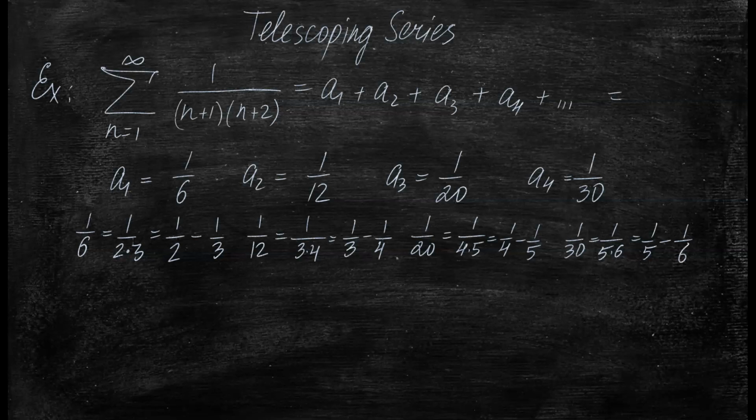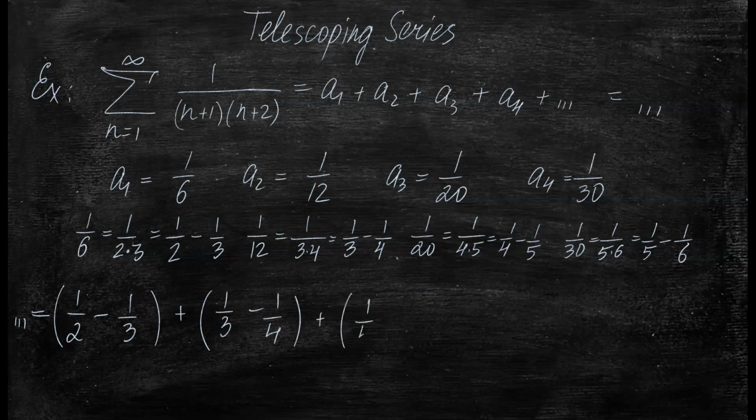Well, let's write it all out carefully. So we're going to continue writing out this sum. Instead of a1, we're going to write 1/2 minus 1/3. Instead of 1/12, we're going to write 1/3 minus 1/4. Instead of 1/20, we're going to write 1/4 minus 1/5, and so on.